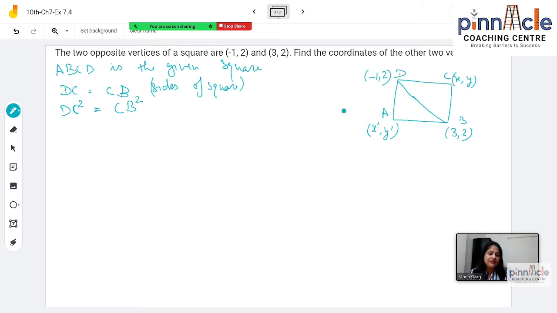So it will become, देखिए, x minus of -1, so (x plus 1) whole square, फिर (y minus 2) whole square, साइन का थोड़ा सा ध्यान रखना बच्चा पार्टी, (y minus 2) whole square, एंड CB के लिए हम लिखेंगे (x minus 3) whole square plus (y minus 2) whole square. अभी हमने एक और क्वेश्चन ऐसा किया था जहां पे हम लोगों का (y plus 2) whole square on the left side was getting cancelled with (y minus 2) whole square on the other side.